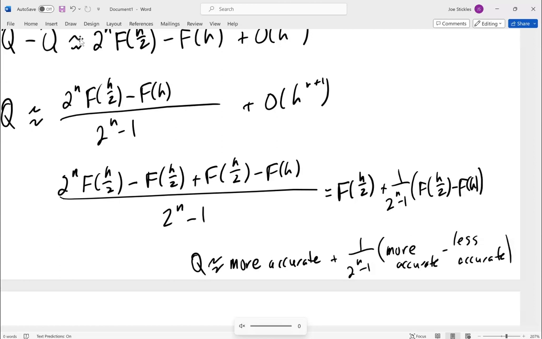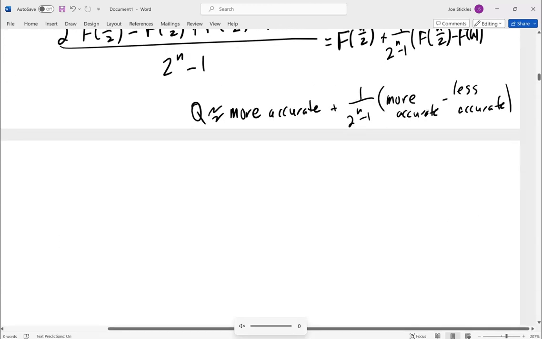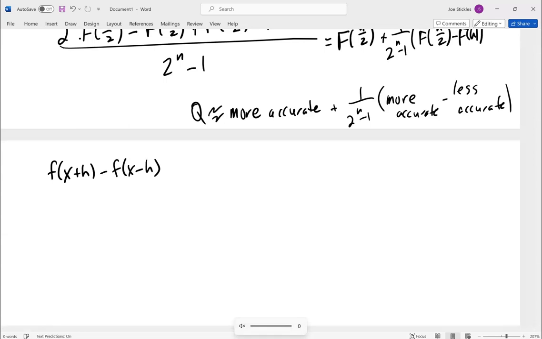Okay. So let's go back to our central difference approximation. Remember that when we did our central difference, we had f of x plus h minus f of x minus h over 2h, right? This is what we're calling capital F of h at this point now, right?